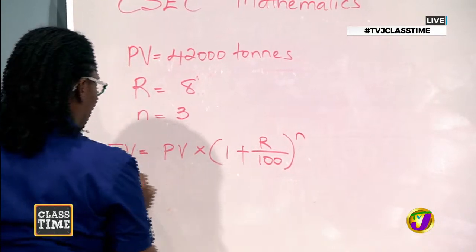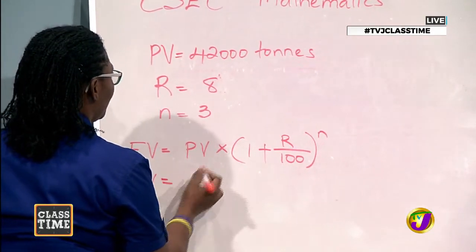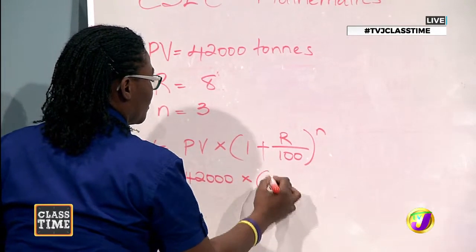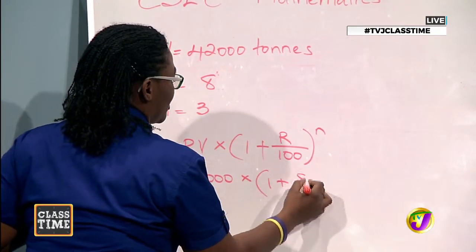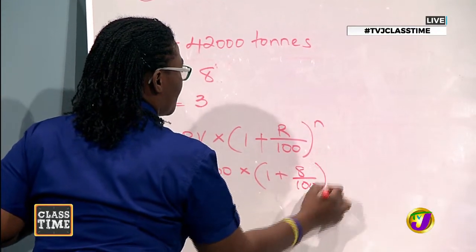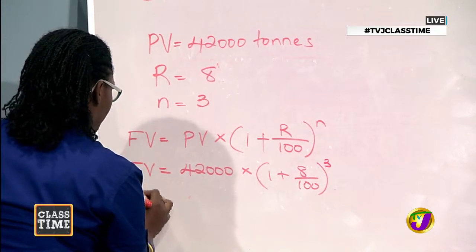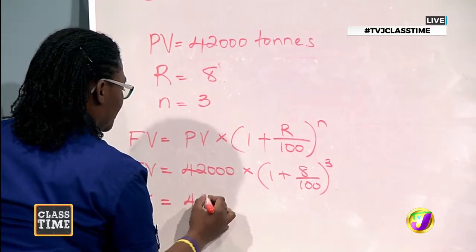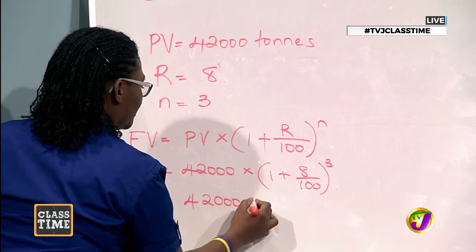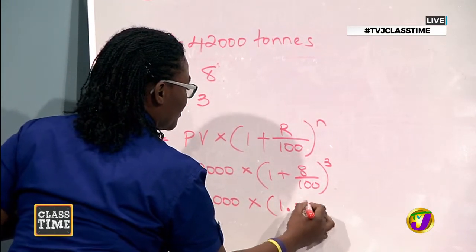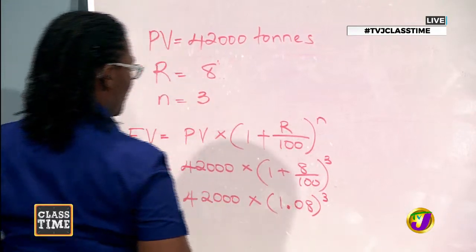So let's quickly substitute. So we're finding FV in this case. And our rate here, 8. And our N is 3. So I'm seeing in bracket we have 1.08, as our 8% is represented by 0.08. Beautiful.